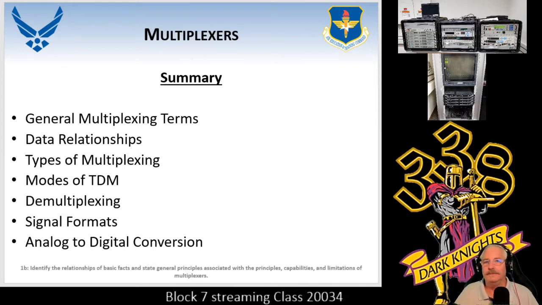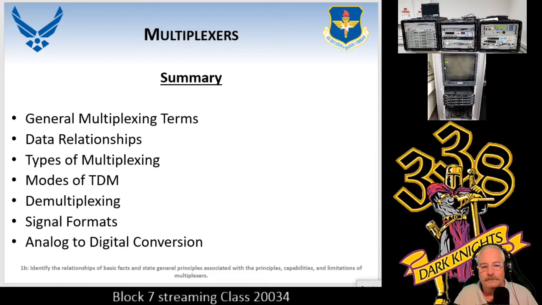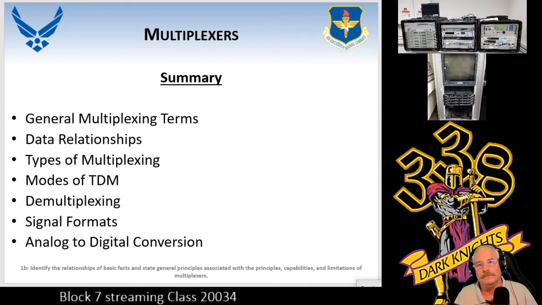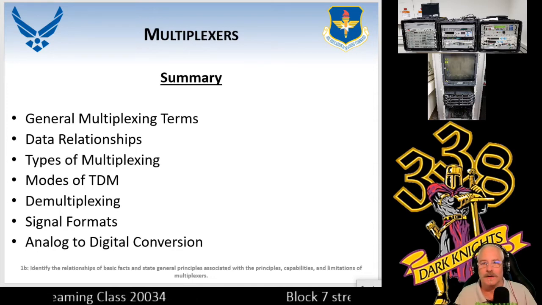Quantize? That's one of the steps, yeah. Okay, so step 1 sample, step 2 quantize, and step 3 encode. Excellent.